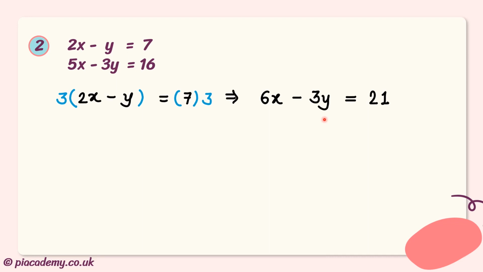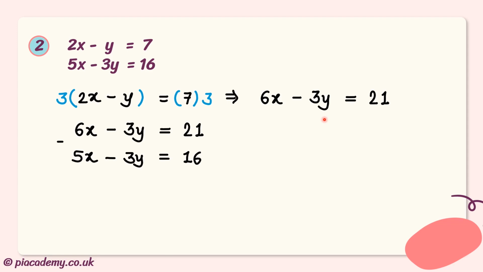Stack the two equations column-wise. We have 6x minus 3y equal to 21 in the first row and 5x minus 3y equal to 16 in the second row. Let's subtract them now. 6x minus 5x is x, and minus 3y minus minus 3y is 0.